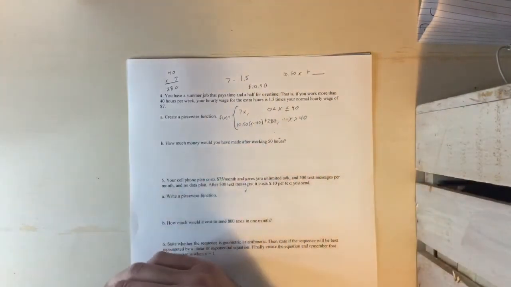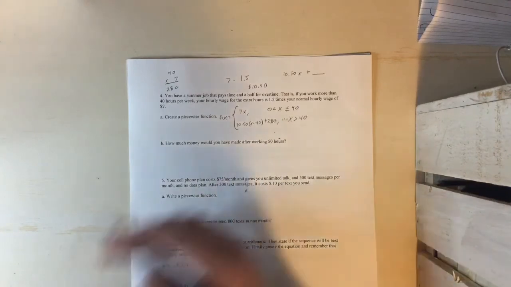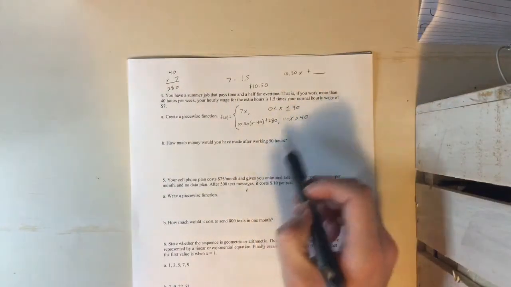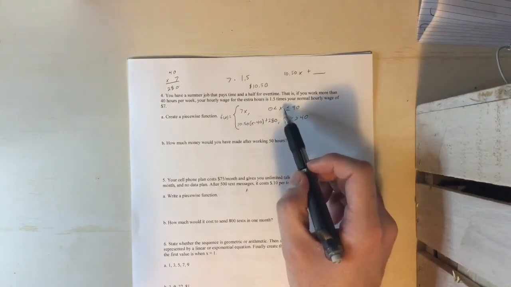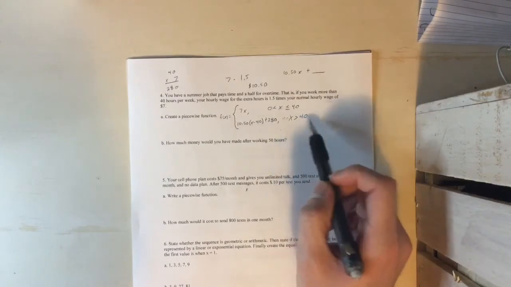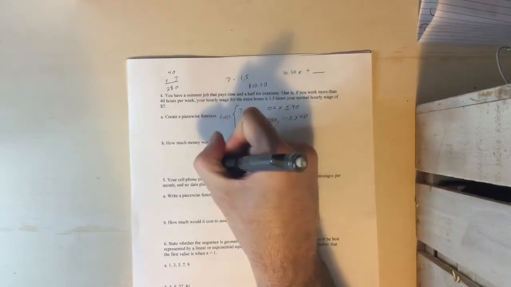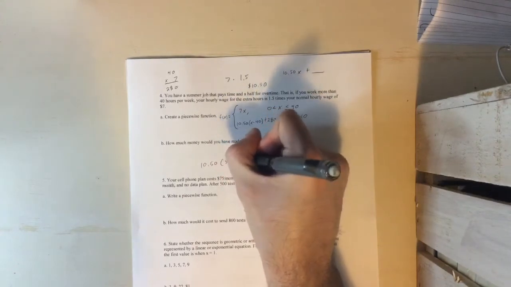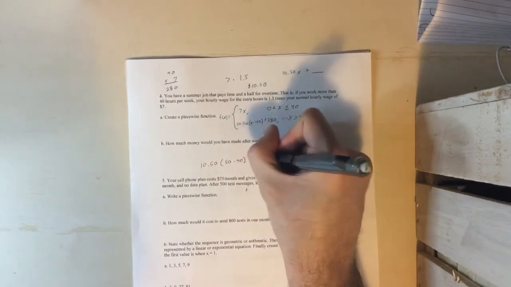So next one is how much money would we make after working 50 hours. So then we just plug in 50 hours. But first we have to determine, is it going to fit in this one or this equation? And this would be the equation because 50 is greater than 40. So we'll do 10.50 times 50 minus 40 plus 280.